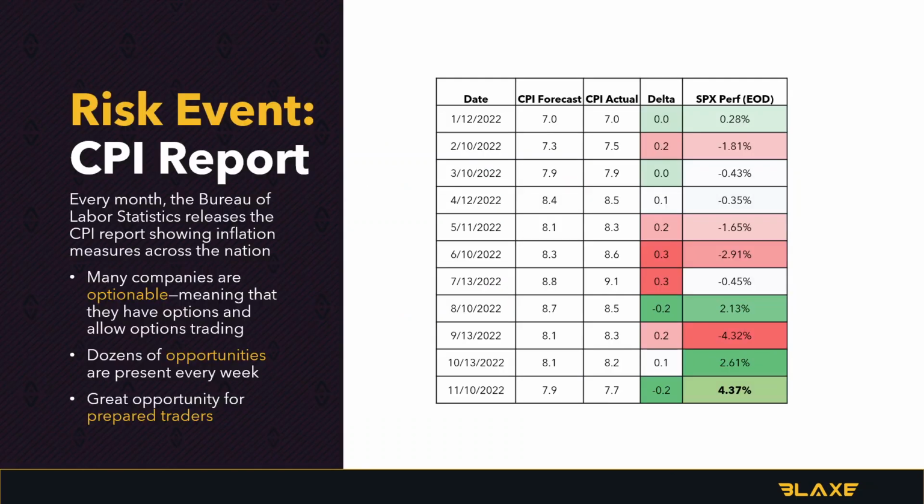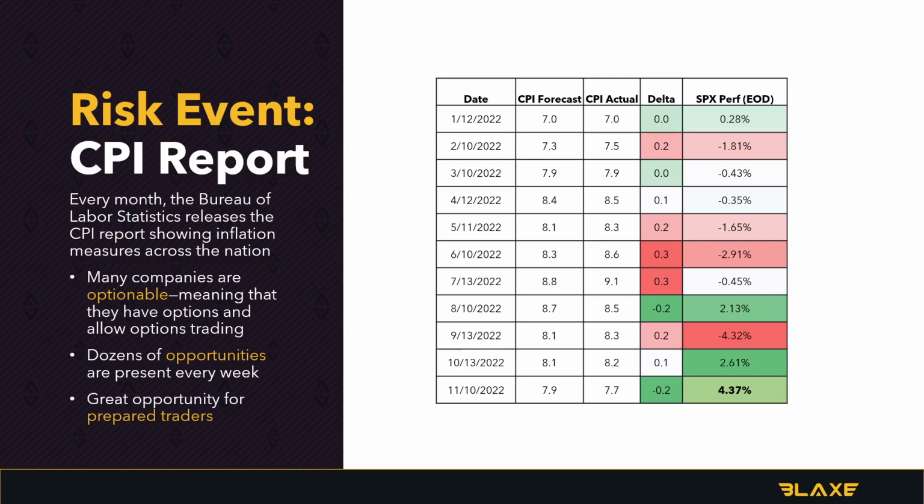Now, looking a little deeper, this is the 11th CPI report for this year. Every month, the Bureau of Labor Statistics, BLS, releases the CPI report showing how inflation measures across the United States.